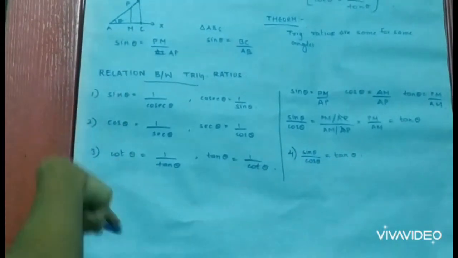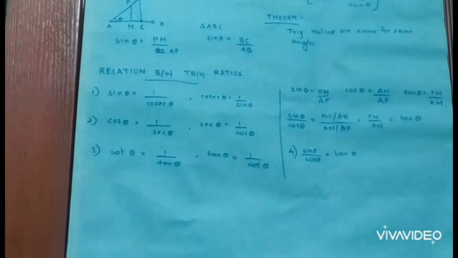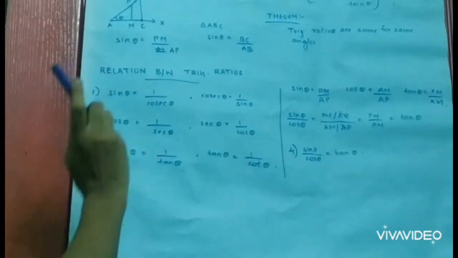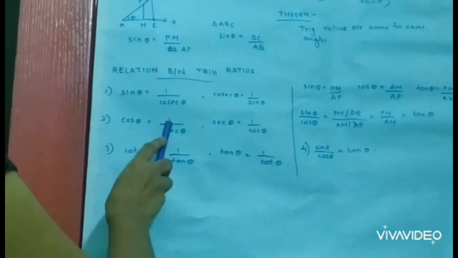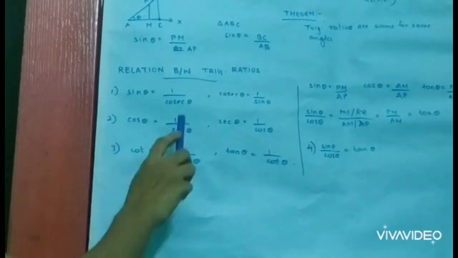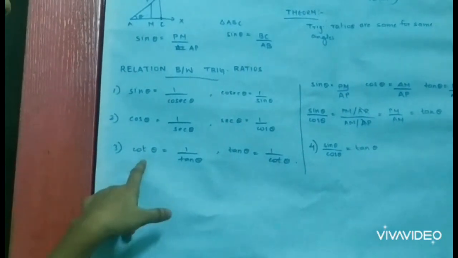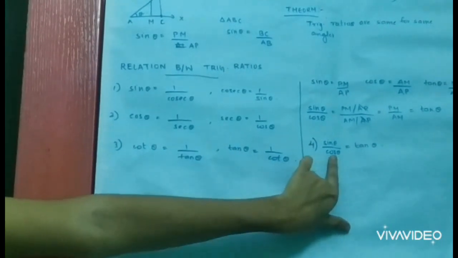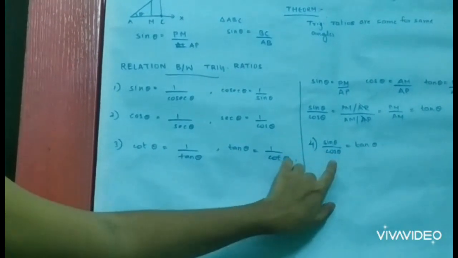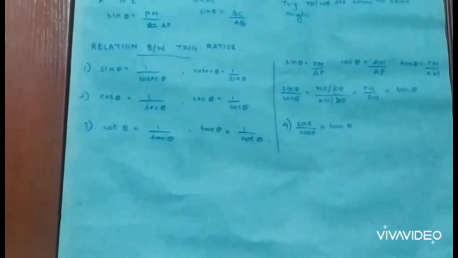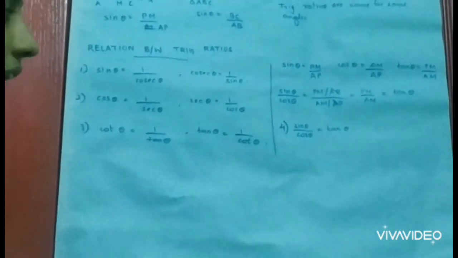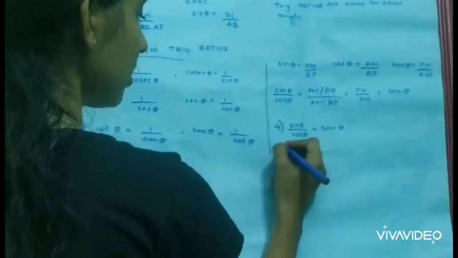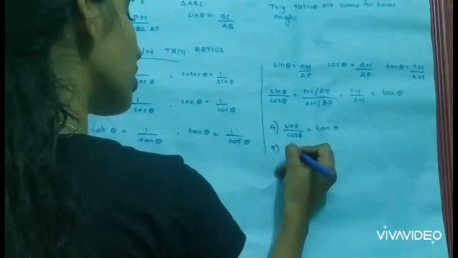Now we have got four relations between the trigonometric ratios. The first one is sin theta is the reciprocal of cosec theta, cos theta is the reciprocal of sec theta, and cot theta is a reciprocal of tan theta. And the fourth one is tan theta is the ratio of sin theta and cos theta. As tan theta is equal to sin by cos, we can find cot theta.